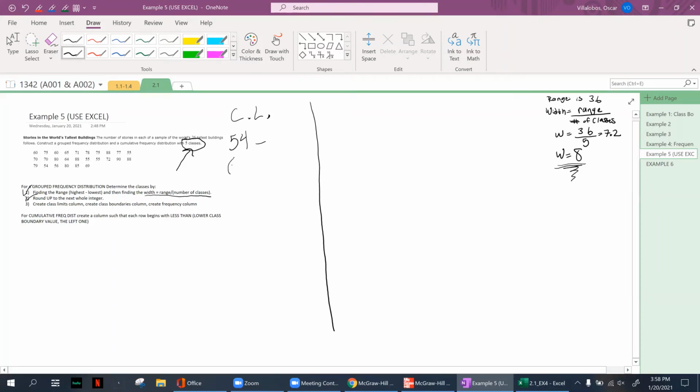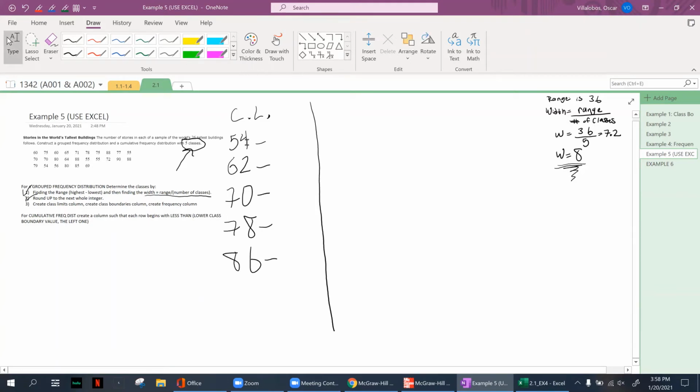So you're going to do 62 here, and then I need you to do 62 plus 8 again, and it's going to give you the beginning of the next row. And you're going to do that until you hit the number of rows or classes that was required. So it's 5, so I got 1, 2, 3, 4. I need one more, so this is going to be 86.